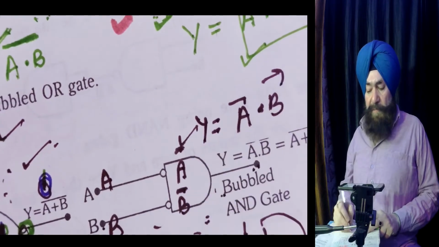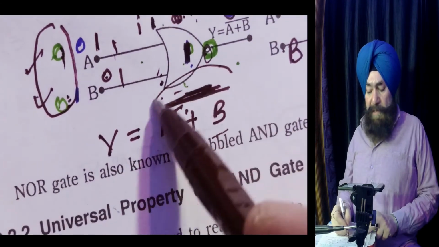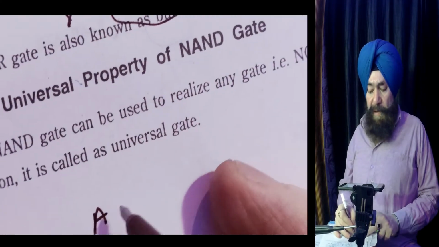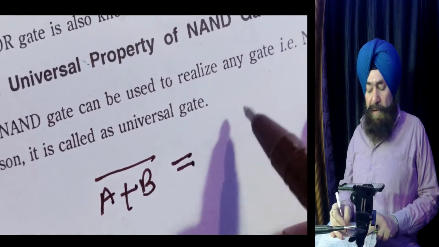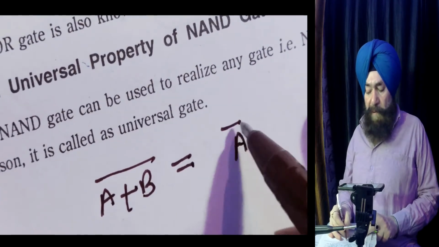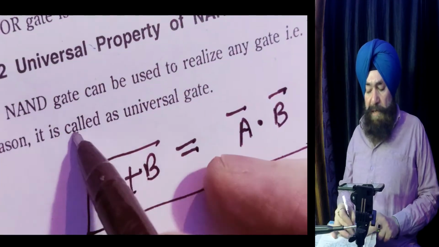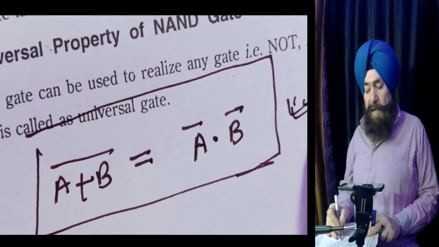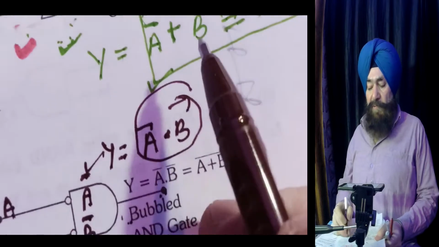This is Y. So this is equivalent with this. That means A plus B, meaning NOR, equals the bubbled AND gate. There is a second identity, very, very important in digital electronics. Okay, this was the first identity.